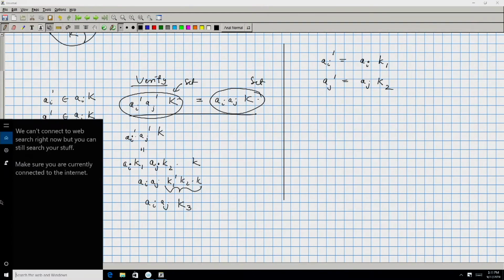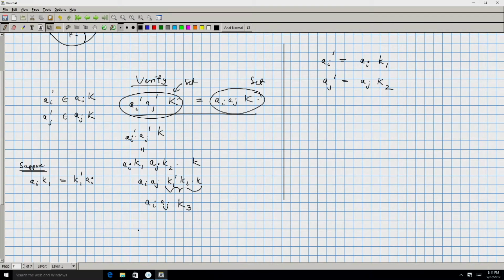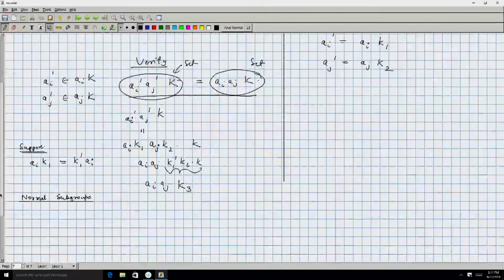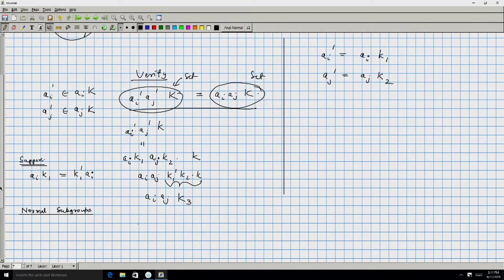Okay. So, this may not be true for arbitrary subsets, but the subsets for which this is true have a special name, those are called normal subgroups. Okay. So, we can assume the theorem to be complete assuming that AK is equal to KA. If AK was equal to KA for all A, then Ai k1 is equal to k1 prime Ai.